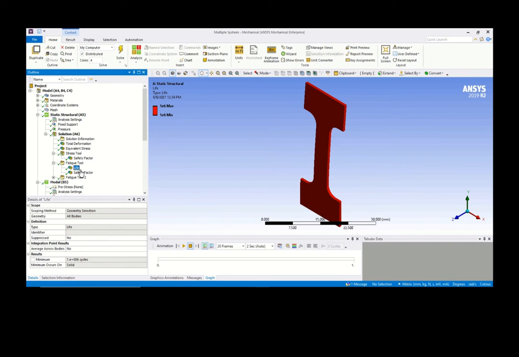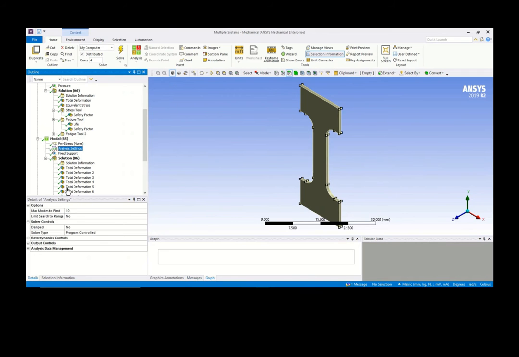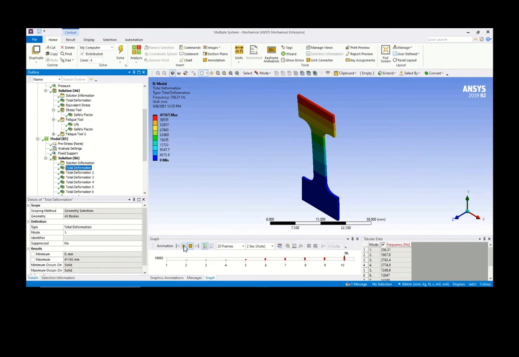But if we go into a little more detail on dynamic analysis, if we go towards modal analysis, we have a free vibration under modal, with fixed support, then free vibration, no force. So we get our modes. We see that our first mode is like this at 356.31.